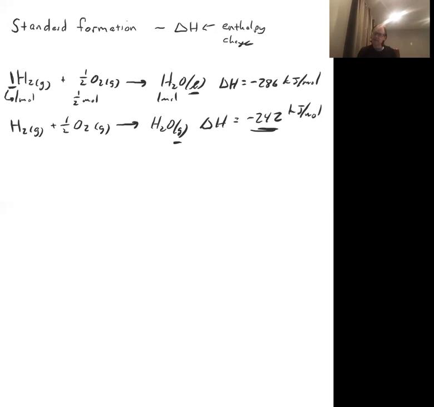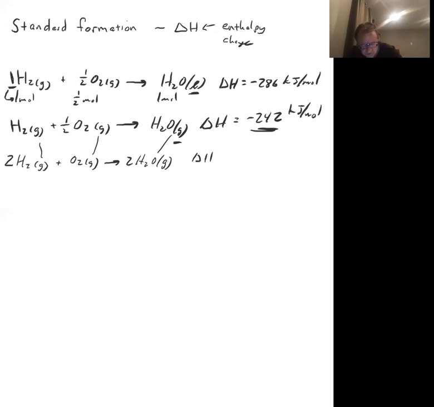Okay. The other thing I could do is say, well, suppose I wanted to not have fractions, so I'm going to multiply the equation by 2. So it's still the same states of matter, still the same materials. We just multiplied by 2.